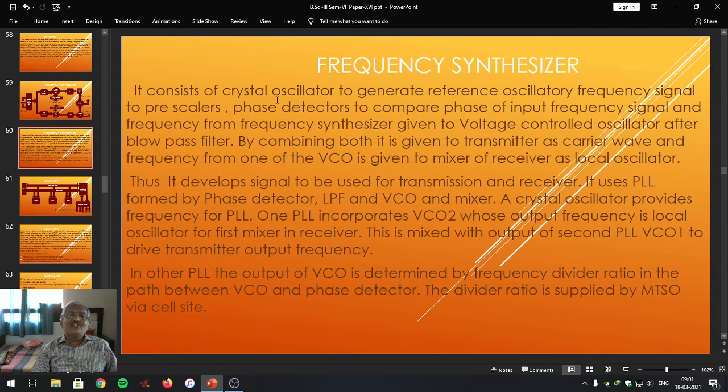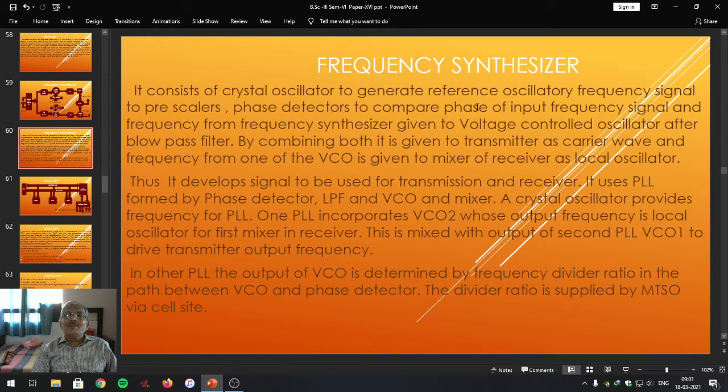Frequency synthesizer consists of a crystal oscillator to generate reference oscillatory frequency signal to prescalers. I already told you, prescalers are frequency scaling circuitries like multivibrators.